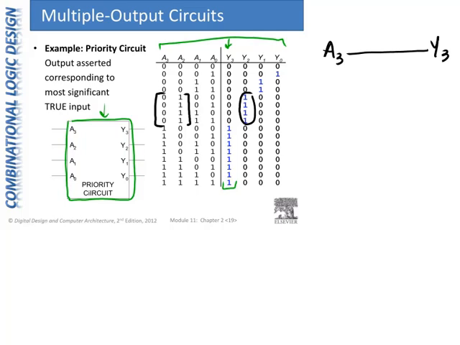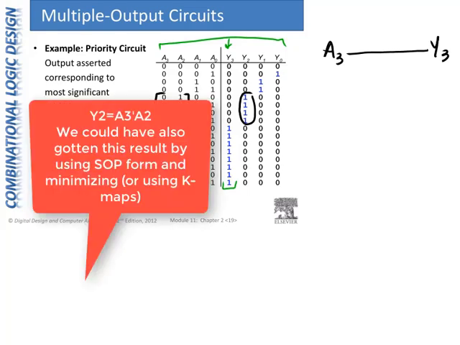But I can also see by inspection that Y2 is going to be 1 when A3 is 0 and A2 is 1. So when A3 is 0 and A2 is 1, then we're going to get Y2 to assert.